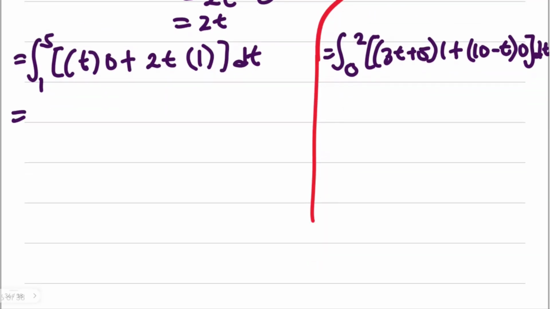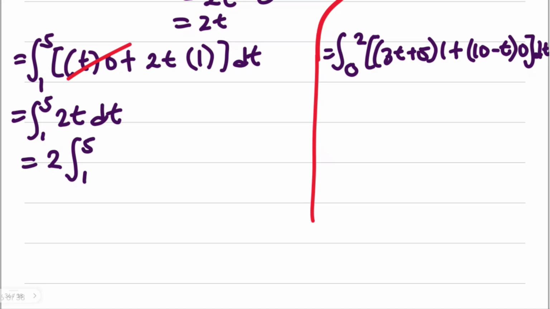Let's start with this. You will have your 1 to 5, that's 0 plus 2t, or simply you can write here 2t dt, because this is 0. So you will have here, by linearity property, 2 times the integral from 1 to 5 of t dt. We know that the integral of t dt is t squared over 2.